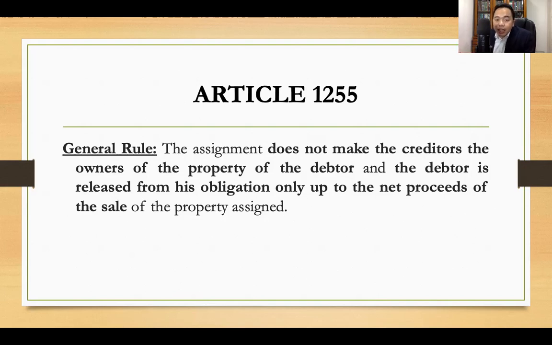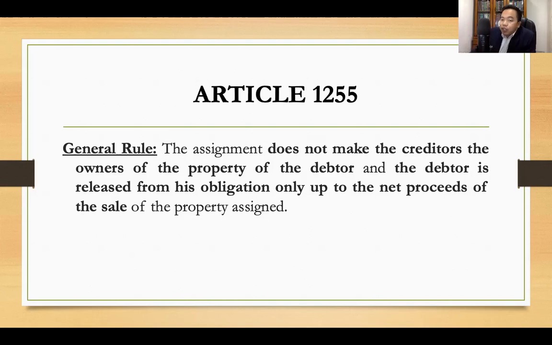When you say partial, the extinguishment will only be coterminus, quote unquote, or will only be up to the amount of the net proceeds of the sale. It will all depend upon the net proceeds.